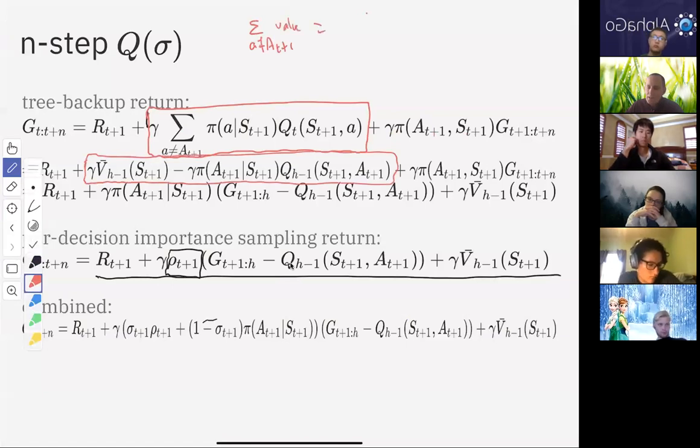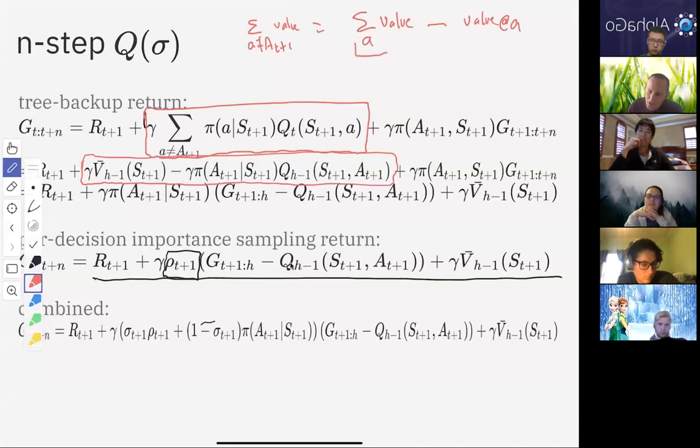And that's the same thing as a summation over all A of the value minus the value at A. I'm butchering notation here, but I hope it makes sense. So this summation over all A of our Q value is just equal to V bar of our state.